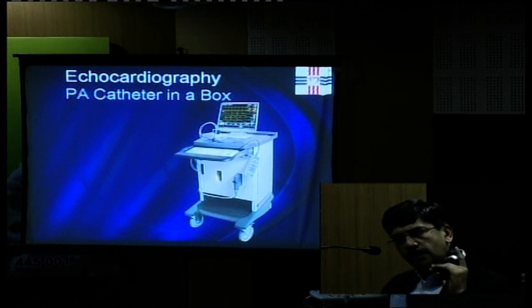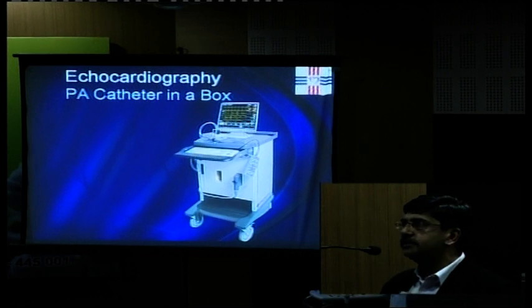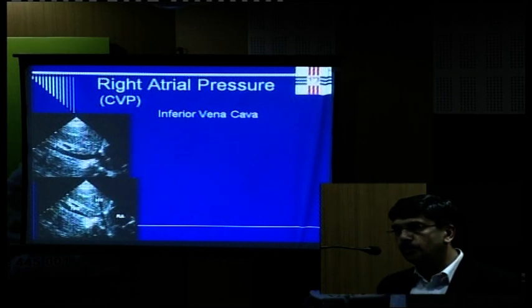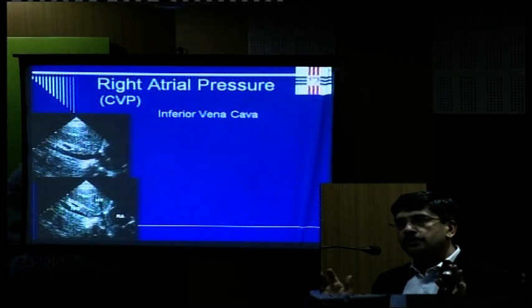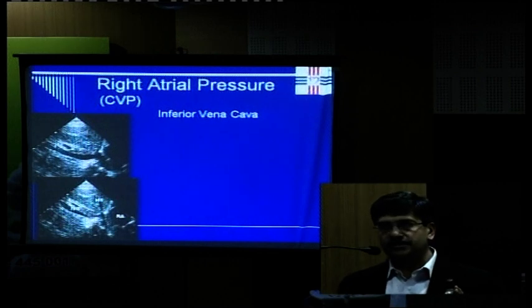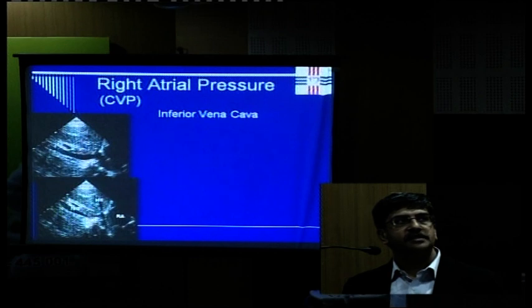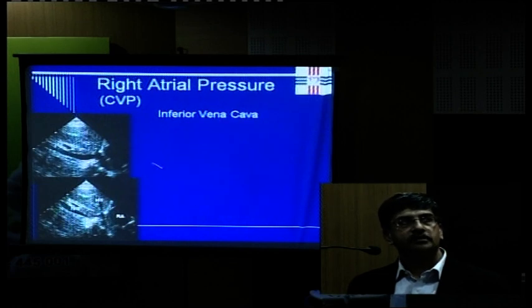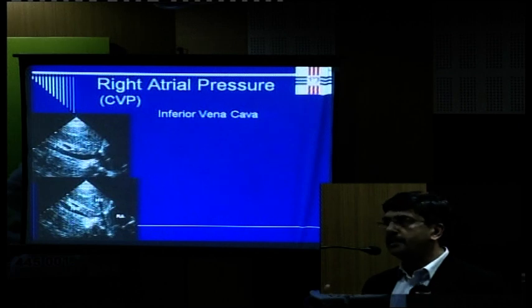Correct? Echocardiography machine has been aptly called the pulmonary artery catheter in a box. You can measure everything required to manage a patient. See this, right atrial pressure. Dr. Barokar has told you clearly that if you put your ultrasound probe into the epigastric region, this IVC appears a little bit full, but it collapses well in inspiration. This tells you that your patient's right atrial pressure is normal or less.